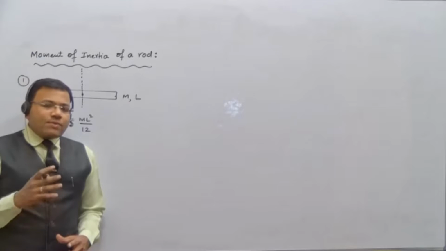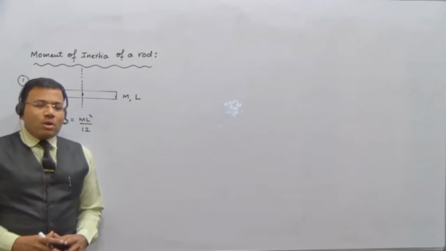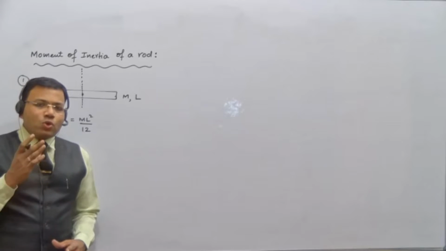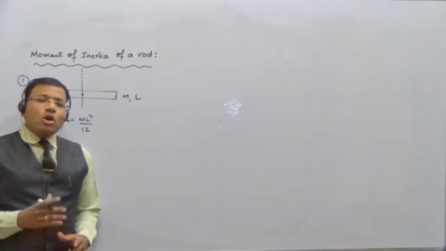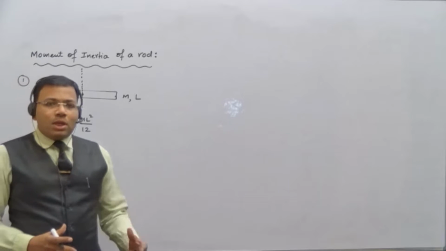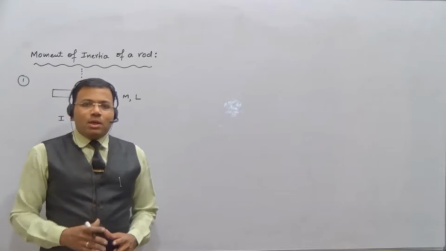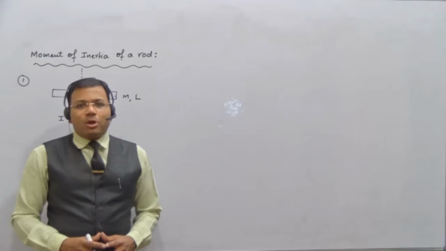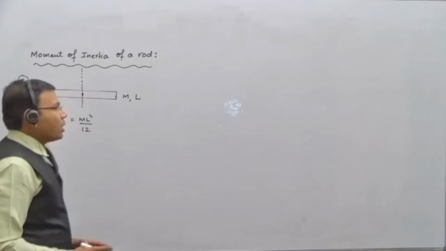Now students, let us find the moment of inertia of the same rod about an axis which is passing through one end, by the application of what we have seen already, the parallel axis theorem as well as the perpendicular axis theorem. So let us see for that.